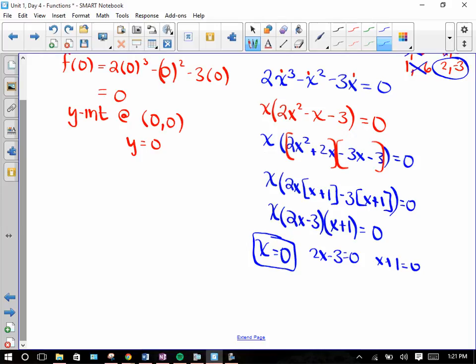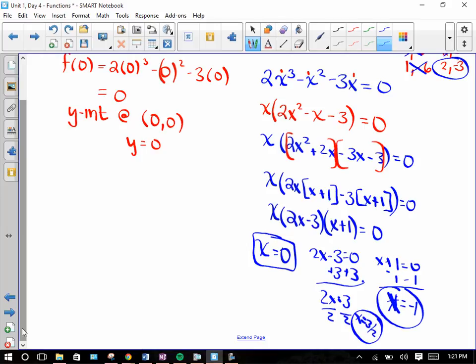Subtracting 1 from both sides, we get x equals negative 1. So there's another one of my zeros. Add 3: 2x is equal to 3. Divided by 2, I get x is equal to 3 halves. So there's my 3 zeros.